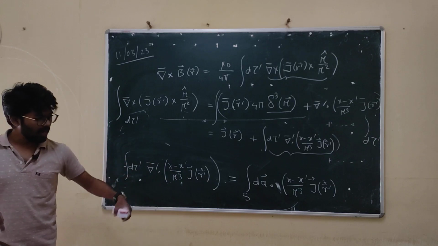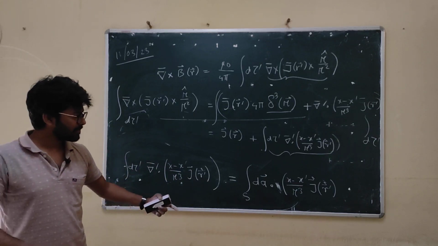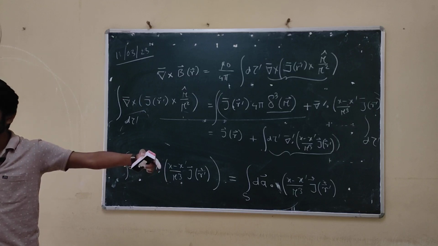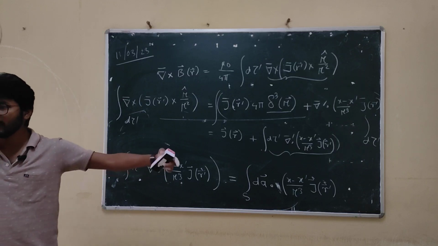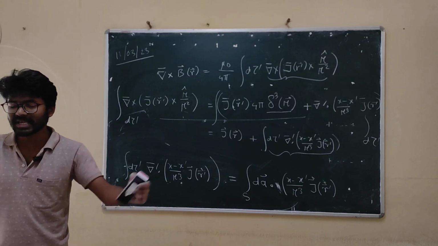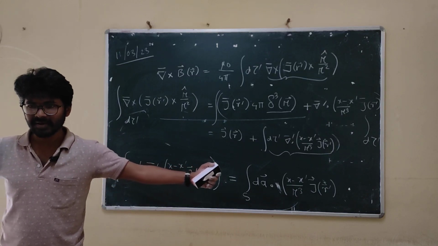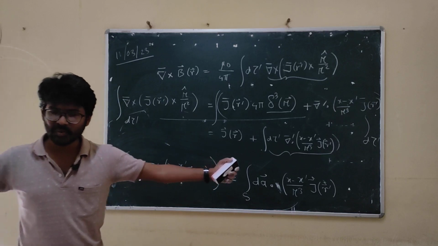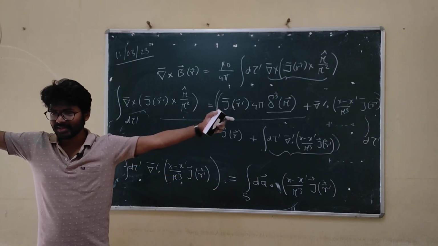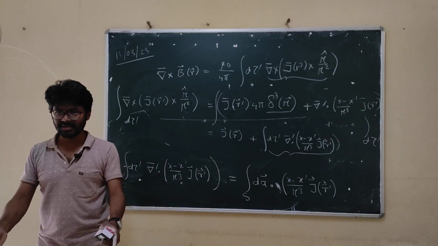Now, I told you that you can take a bigger volume, and that does not affect anything, because outside the smaller volume, the current is 0. So you're just adding zeros, nothing else. That means I can take a really infinitely large volume, and all these currents are inside it.